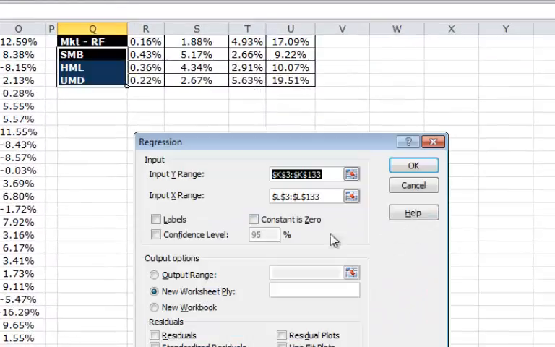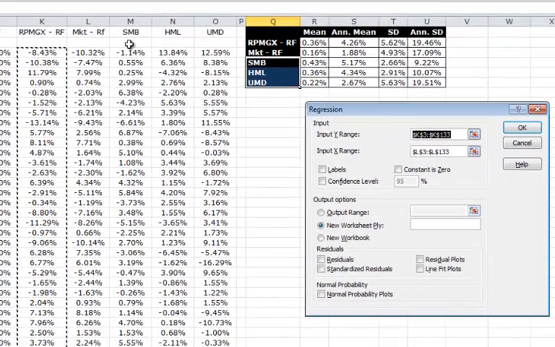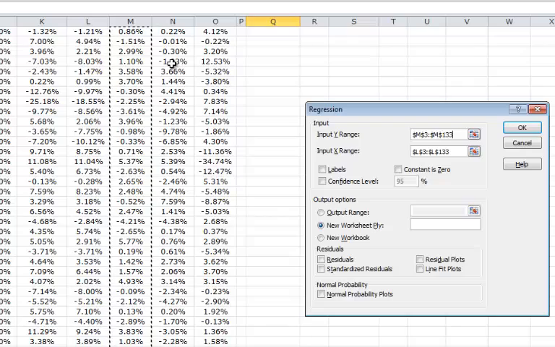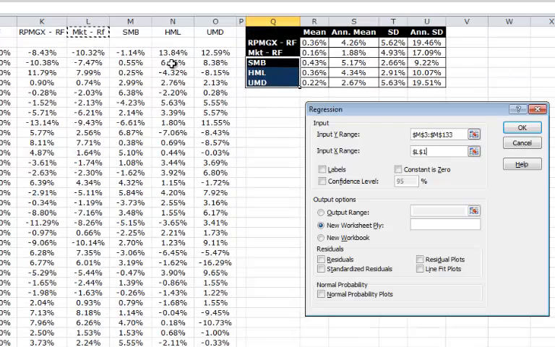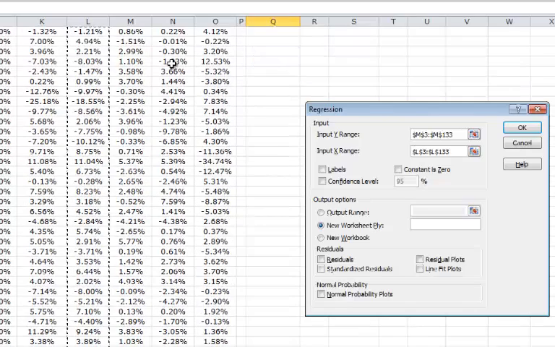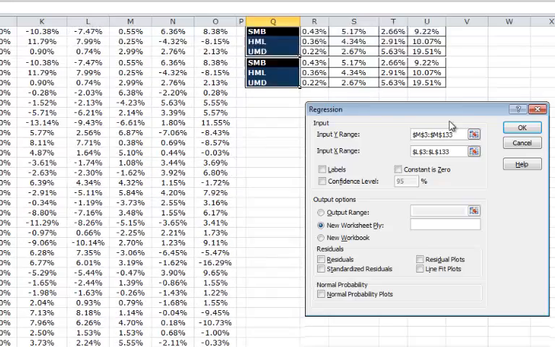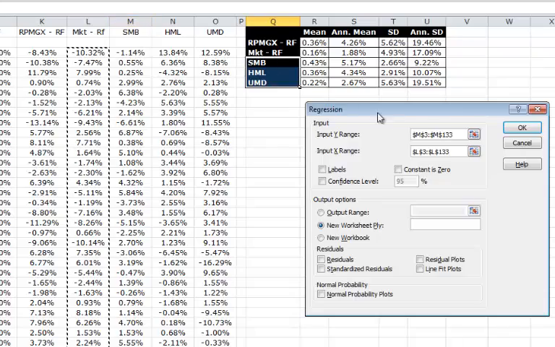Let me just do it for one of them. Let me make the SMB portfolio the Y, or the dependent variable, and let's regress it on the market minus the risk-free rate. So we're just doing CAPM with the SMB portfolio as our Y variable.